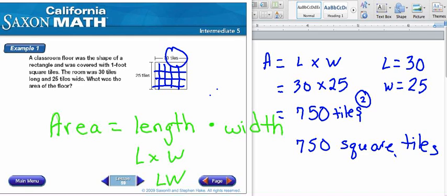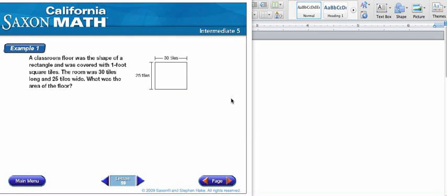All right, let's go on to example 2. Okay, how many square inches are needed to cover the area of this rectangle? So it doesn't look like they finished the rectangle, so let me go ahead and finish that for us.